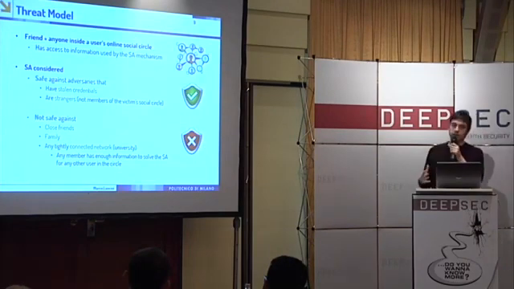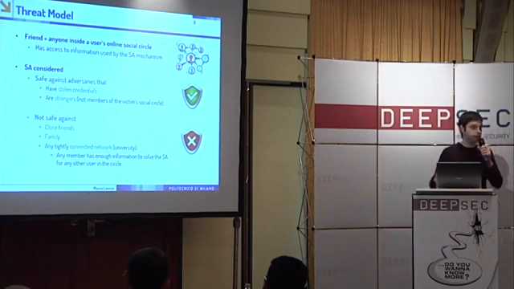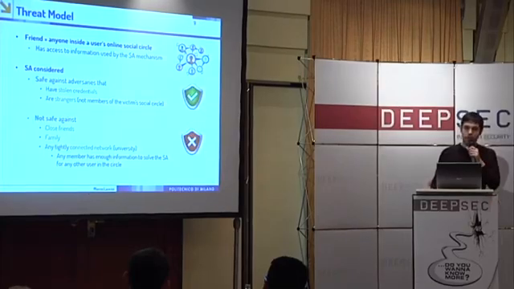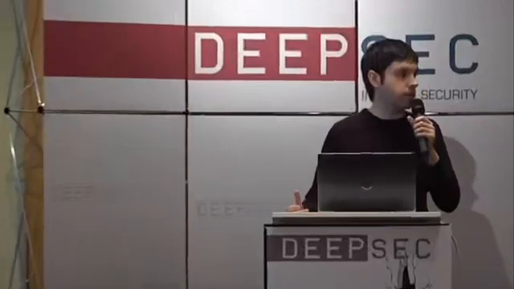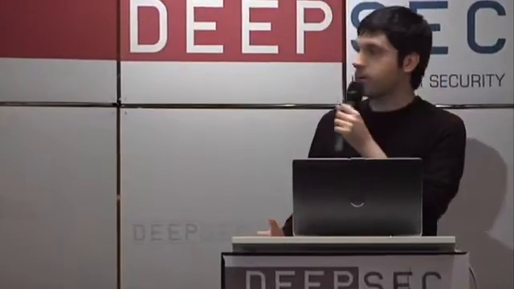In this talk and also in the third model proposed by Facebook, we will refer to a friend as a person inside a user's online social circle. A friend is anyone who has access to the information used to create the social authentication test itself. So this mechanism is considered safe against adversaries that have, yes, stolen credentials, but are strangers.